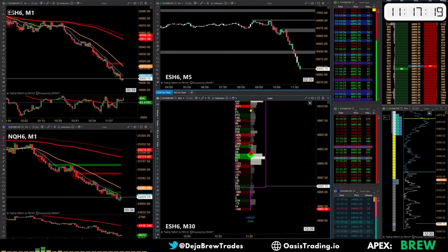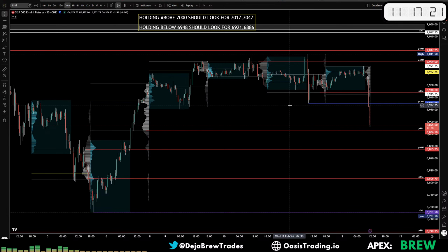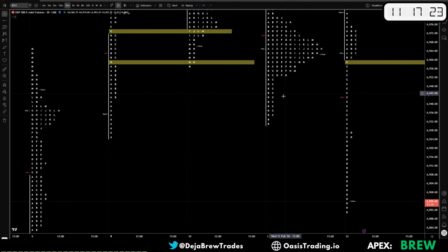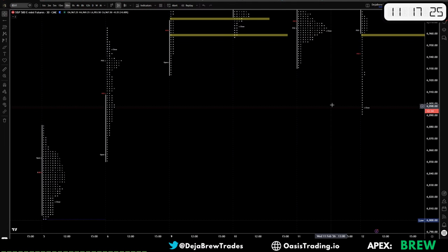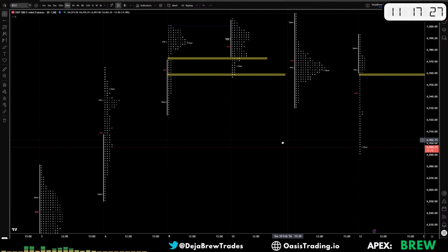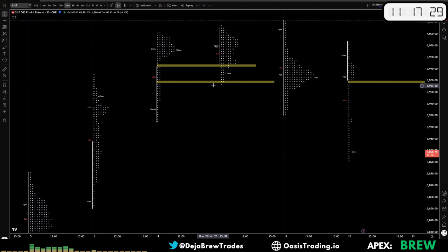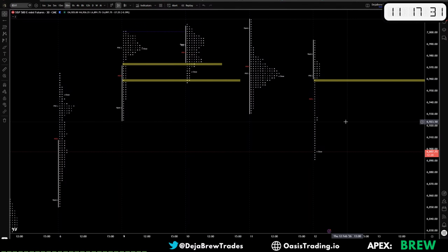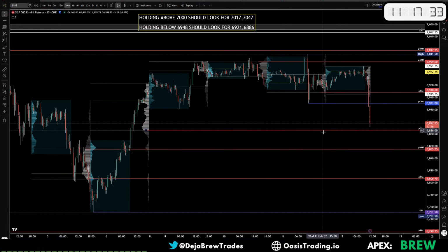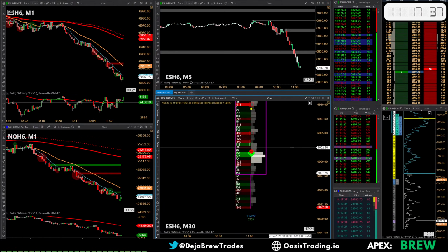Friday's single prints? Where are those? Didn't we fill in all the recent ones? Yeah, we don't have any single prints. We filled in the ones from Monday, and that was it. And now we have a shit ton from today.